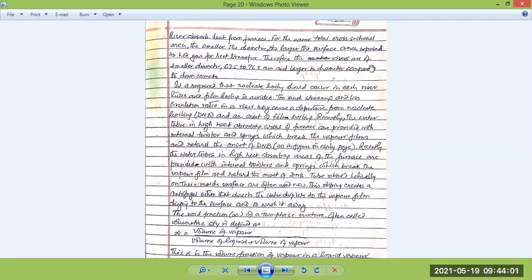And an onset of film boiling. Recently, the water tubes in high heat absorbing areas of the furnace are provided with internal twisters and sprays, which break the vapor film and retard the onset of DNB, as in the figure in earlier pages.